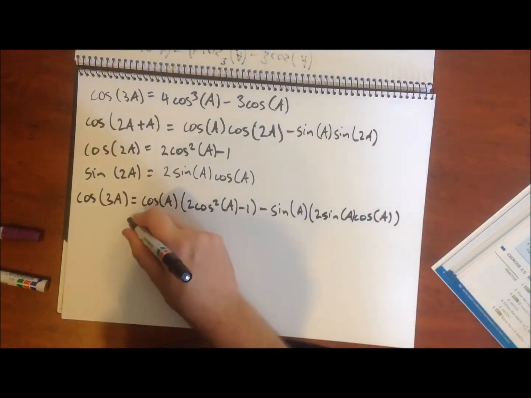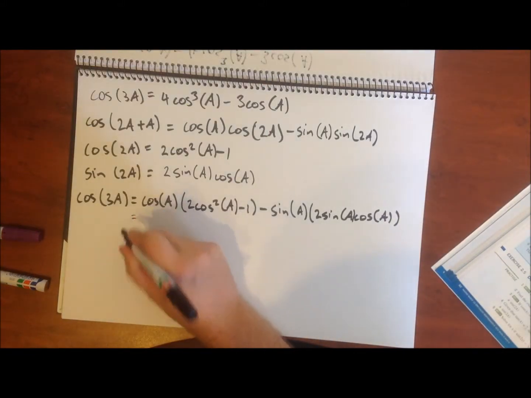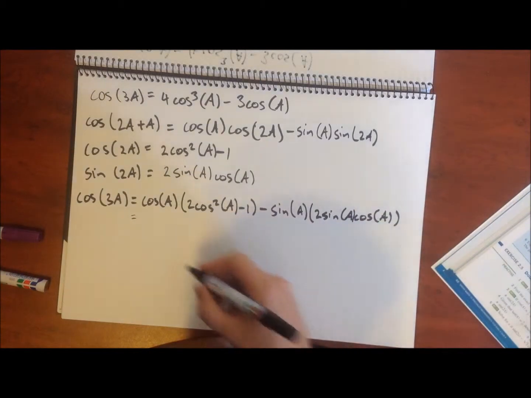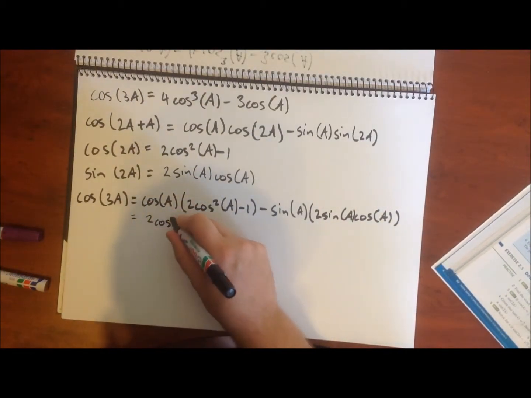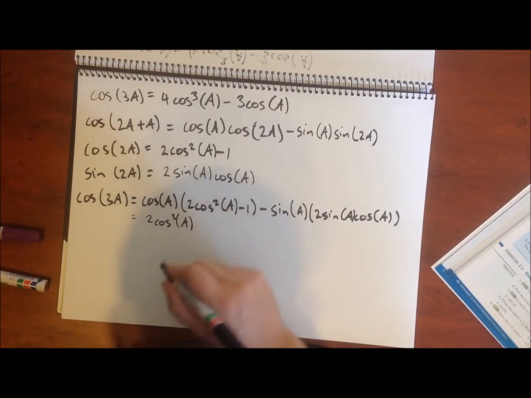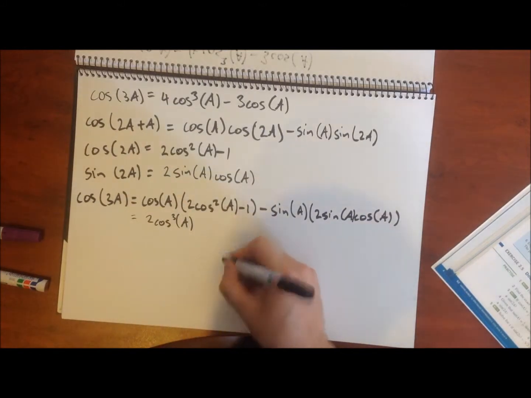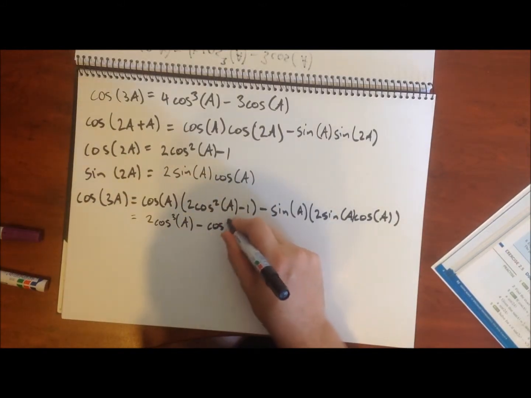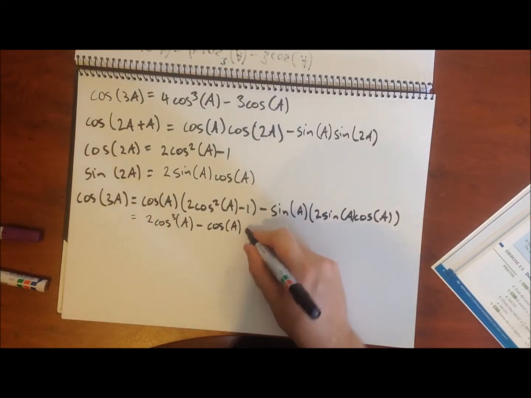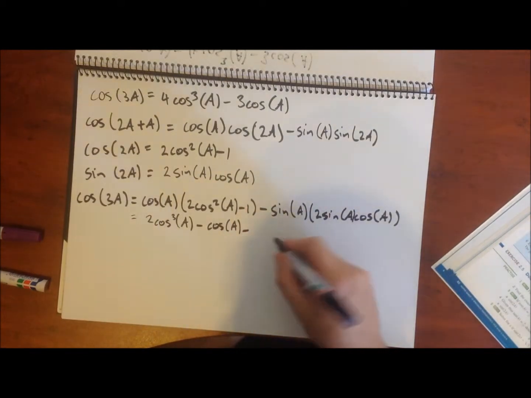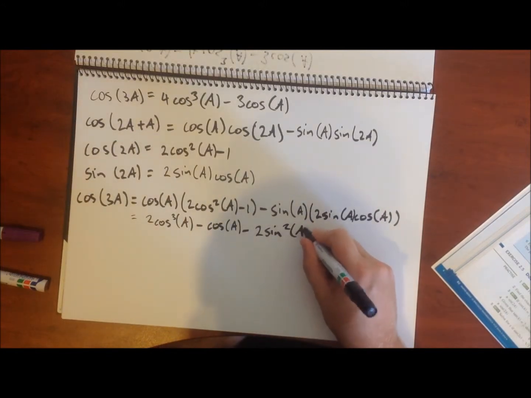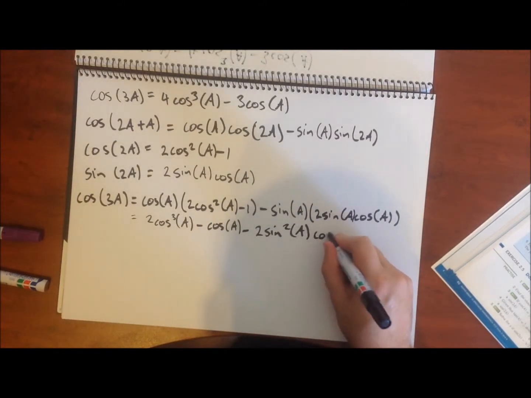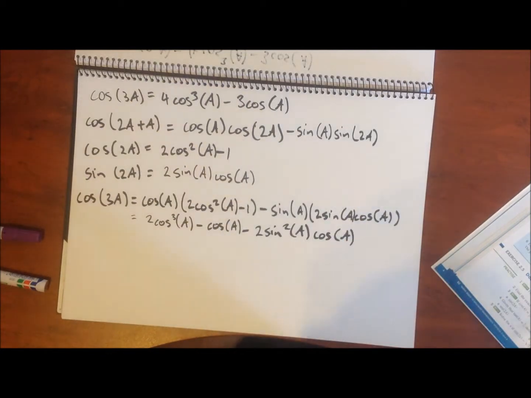And we can simplify further. That's the same as 2 cos cubed of A, so expanding out these brackets, minus cos of A, take 2 sine squared of A cos of A, expanding out those brackets again.